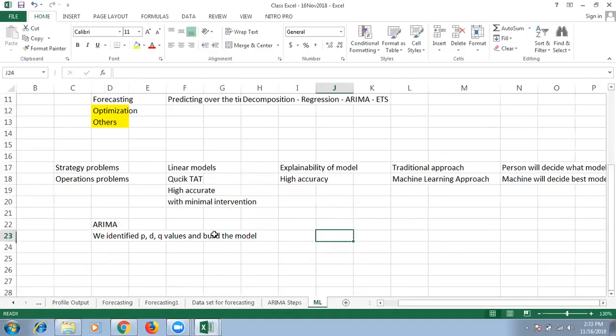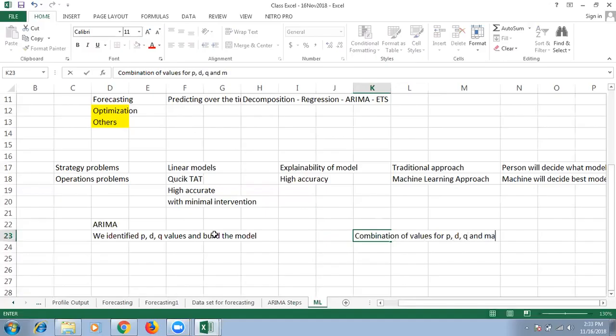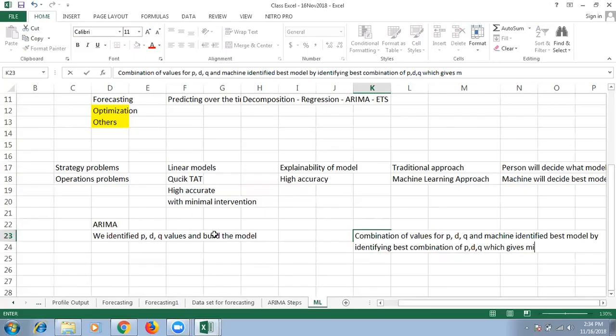But for the other approach, what did we do? We took a combination of values for PDQ, and the machine identified the best model by identifying the best combination of PDQ, which gives you the minimum AIC value.